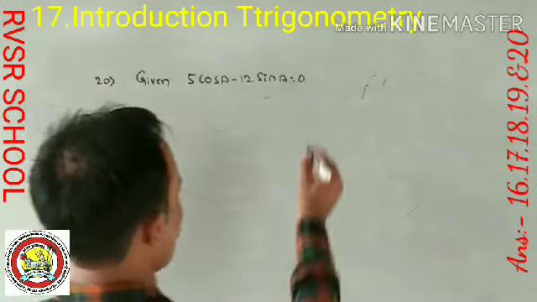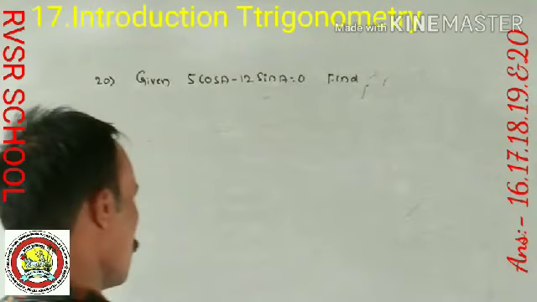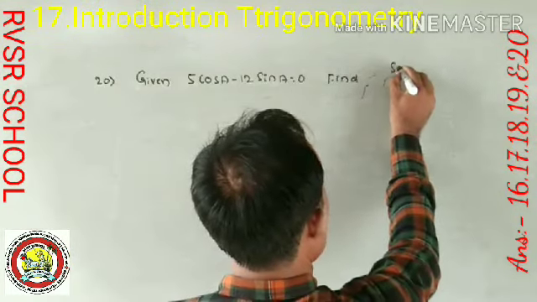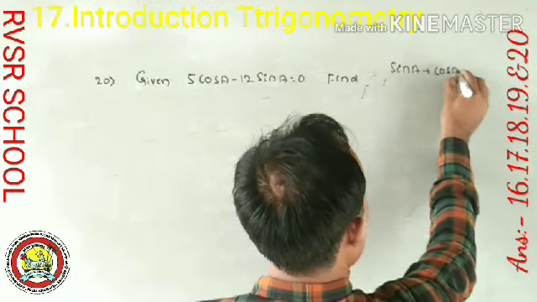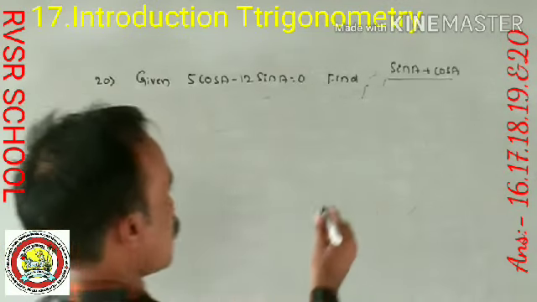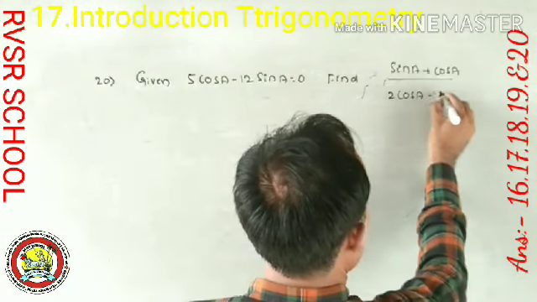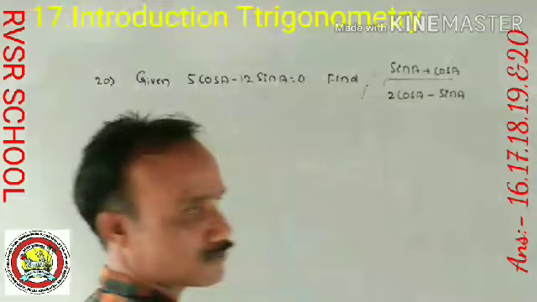Find the value of (sin A plus cos A) divided by (2 cos A minus sin A).